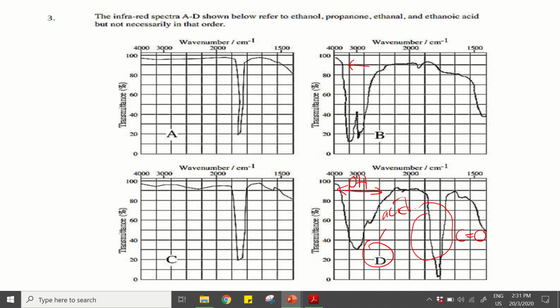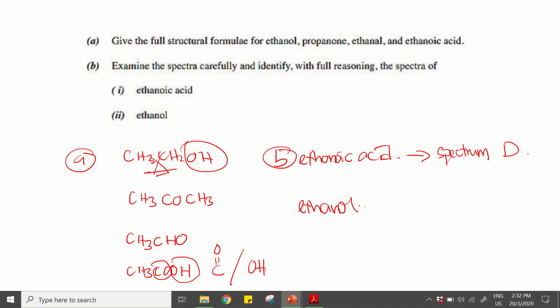I have it here. See the broad peak? Like a big broad peak here. And this must be due to OH. So there's no C double bond O here, which means I have an alcohol, and therefore the answer for ethanol is spectrum B.